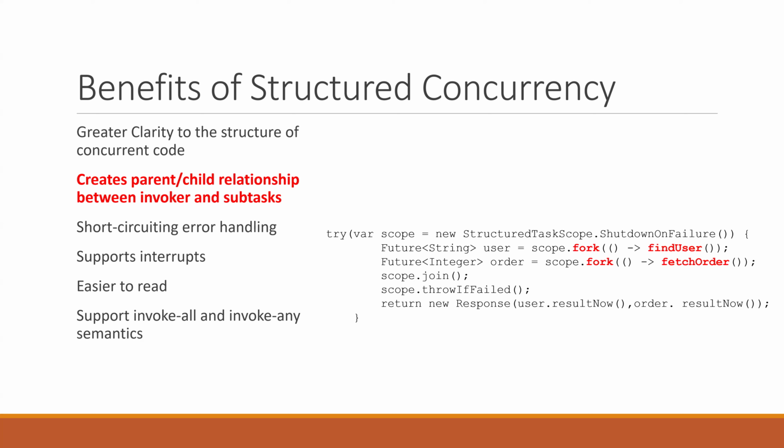This gives me the ability to create that child-parent relationship between tasks. Short circuit handling: if there's any issues inside here, I can throw my exceptions directly out of there. And with this, I can short circuit the other one from moving forward, which is the concept of the interrupts. I can support interrupts.